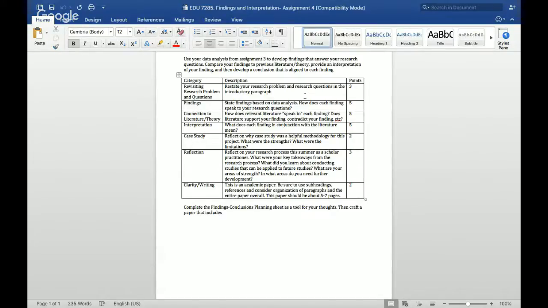So the other thing to be thinking about is, what additional data should I have collected, or would I want to collect, because you'll have an opportunity to do that next term. But be thinking about where everything falls for you, and how everything that you've done and learned is helping you make sense of that research problem and your research questions.